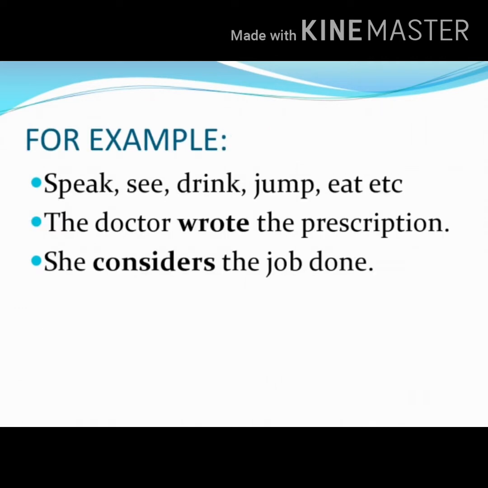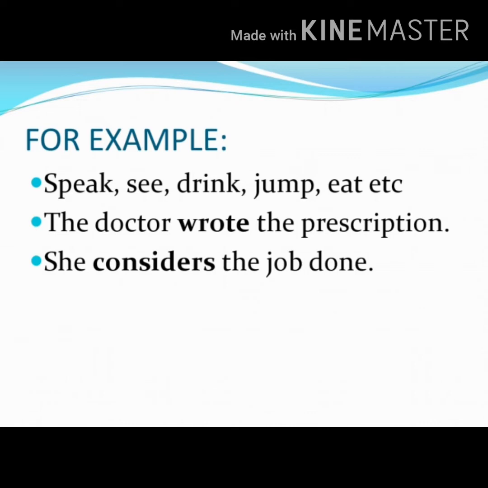We have a variety of verbs: speak, see, drink, jump, eat, etc. But how to use a verb within the sentence? Let's see. The first example that you can see on the picture is: the doctor wrote the prescription. Here, the verb write is in its past form according to the tense, that is, wrote.